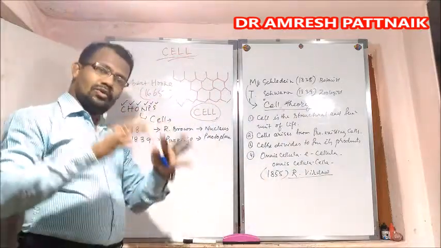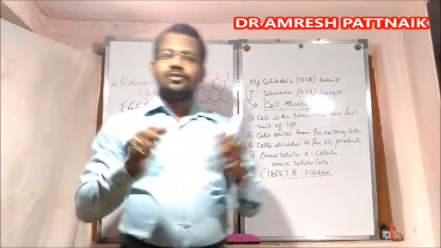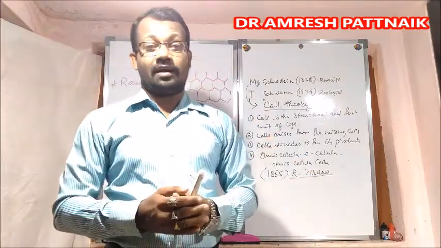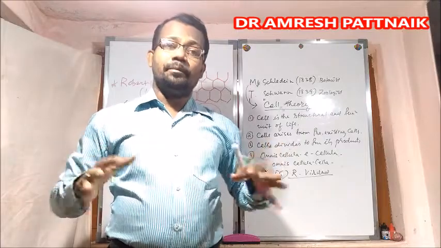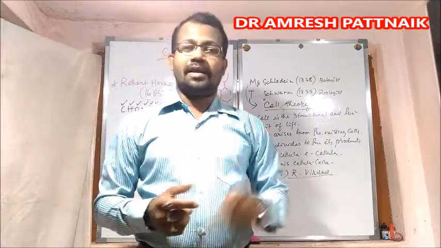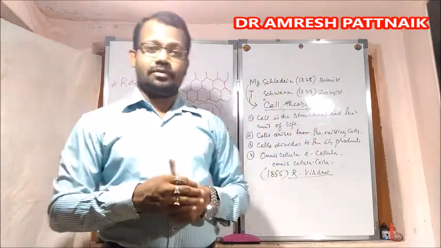If the total body is constructed by a single cell, it is known as unicellular. If the body is composed of many cells, more than one cell, it is known as multicellular, ekkoshi or bahukoshi जीव.